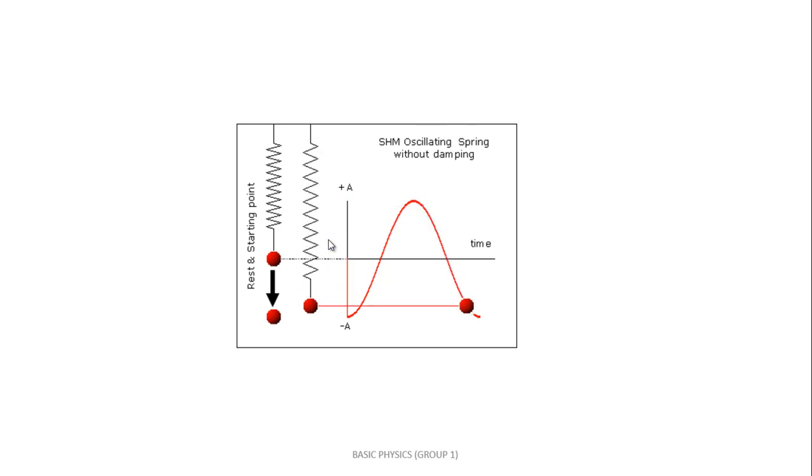Start with lower side, that means minus A, then reach plus A, again reach minus A. This is the main example of SHM, means simple harmonic motion.